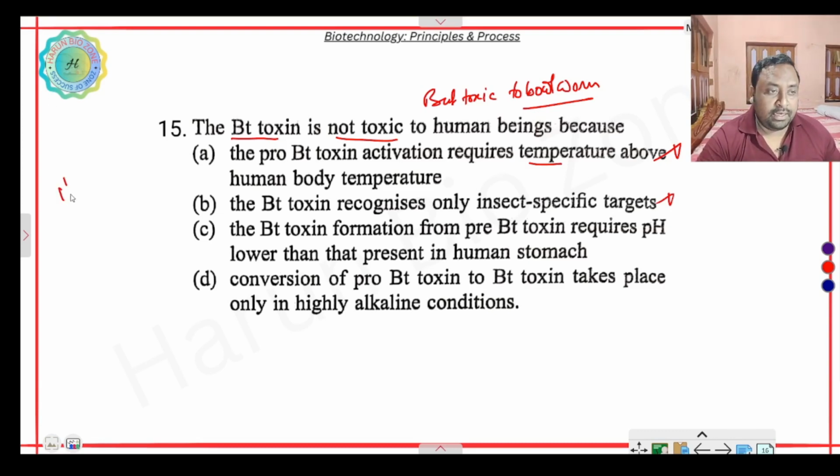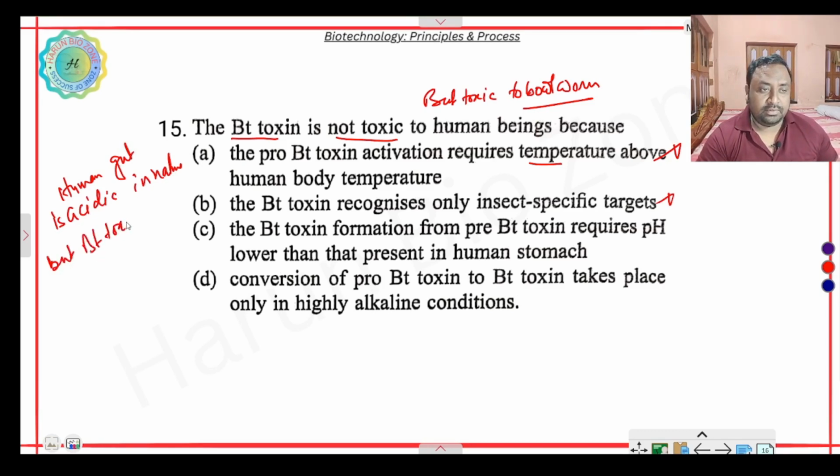Because the human gut is acidic in nature, but Bt toxin requires alkaline pH. Clear?